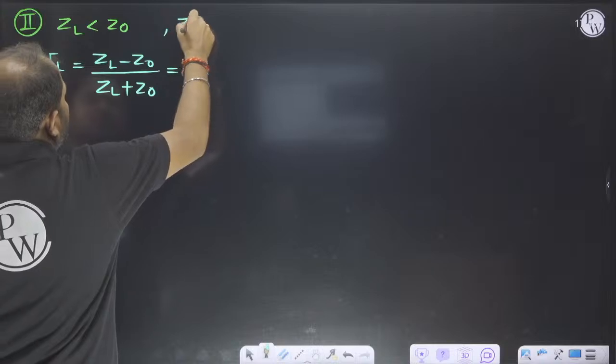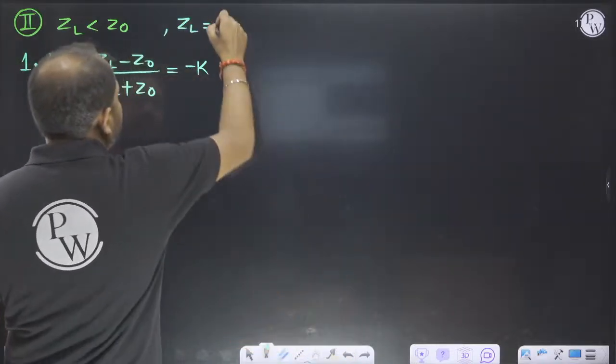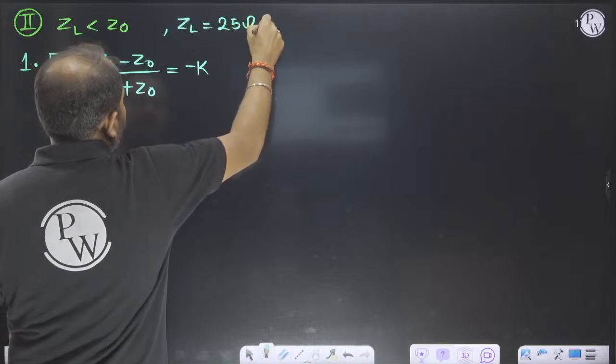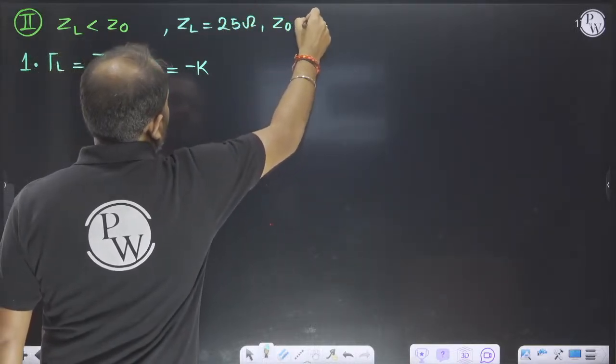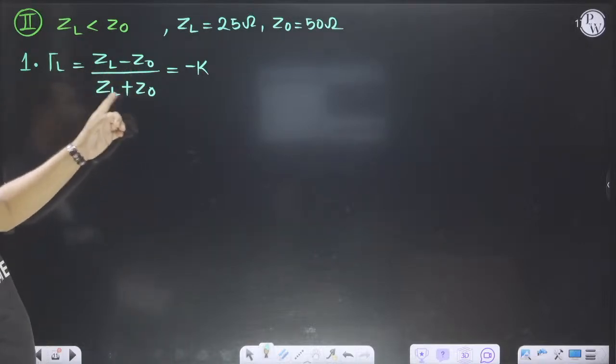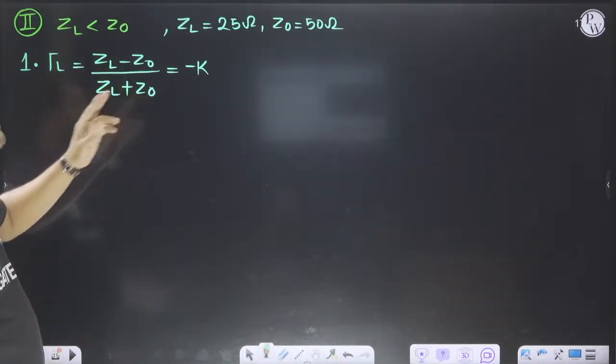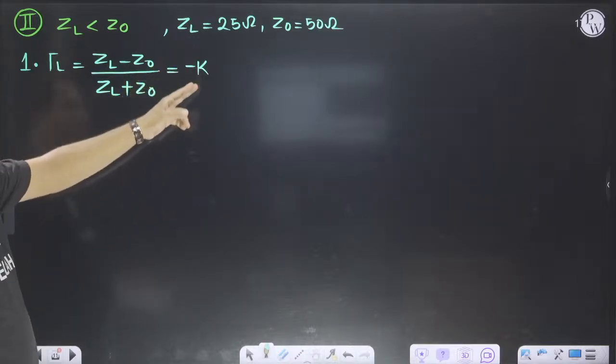Let us assume ZL is equal to 25 ohm and Z0 is equal to 50 ohm. What will you get? 25 minus 50 over 25 plus 50, that is minus 25 divided by 75, which is minus 1 by 3.